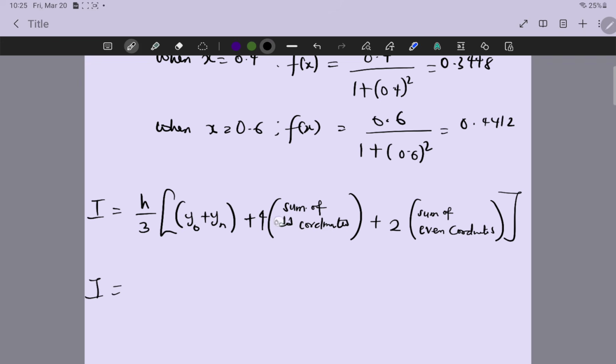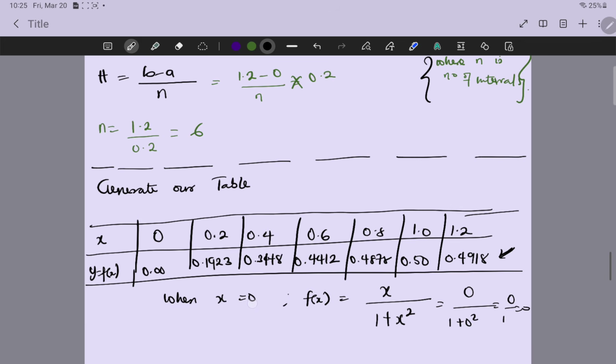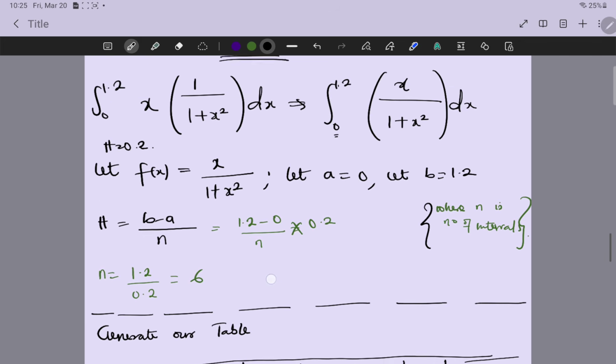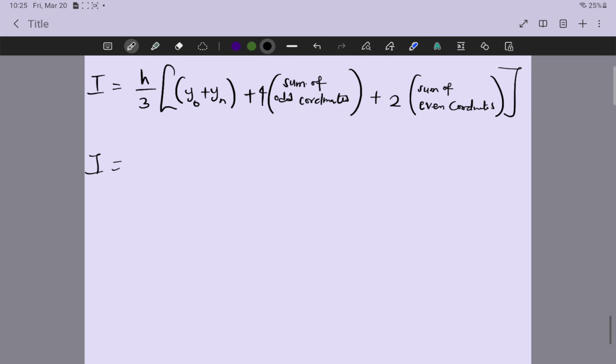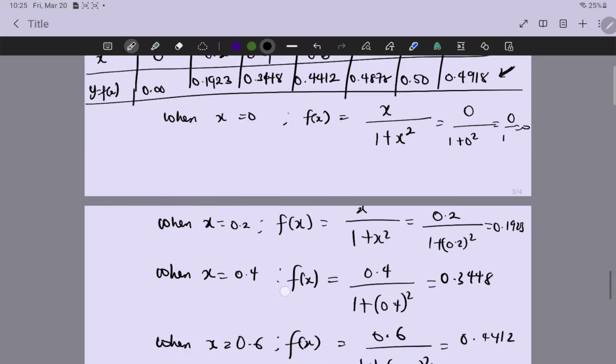So I is equal to, what is our h? Our h was 0.2. It was given in the question. We are saying 0.2 divided by 3 into bracket y naught.